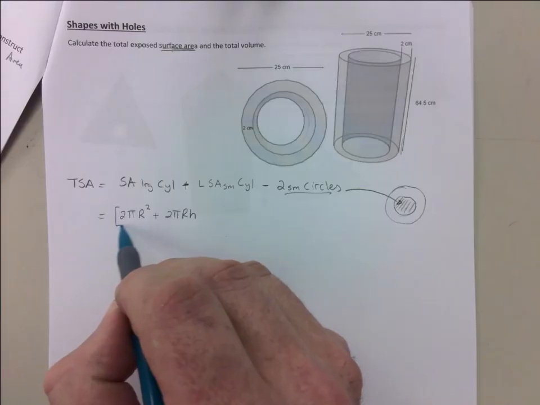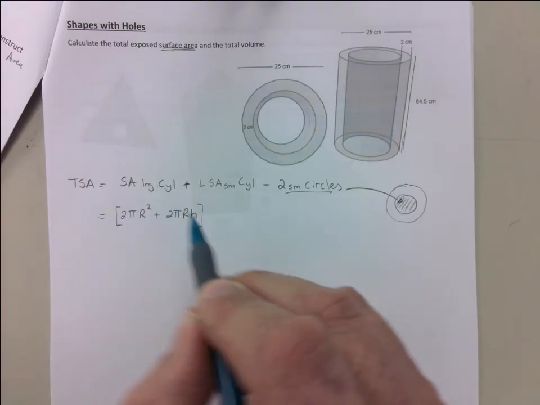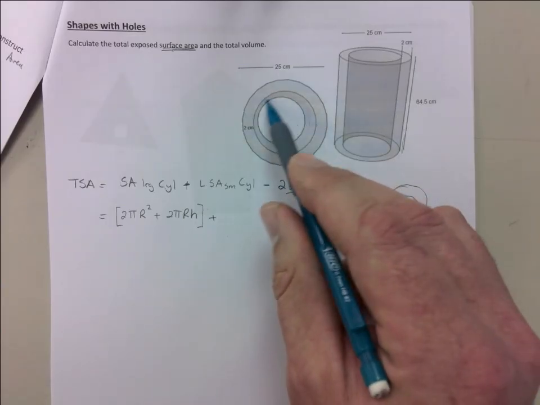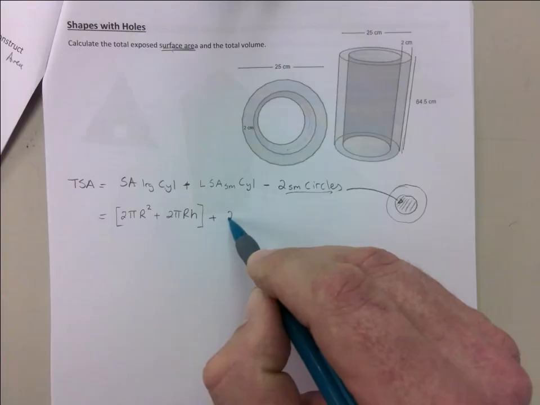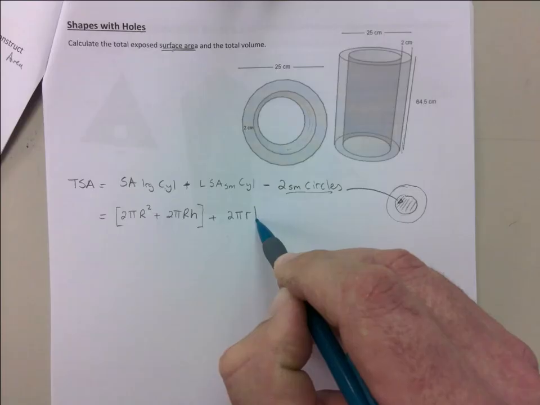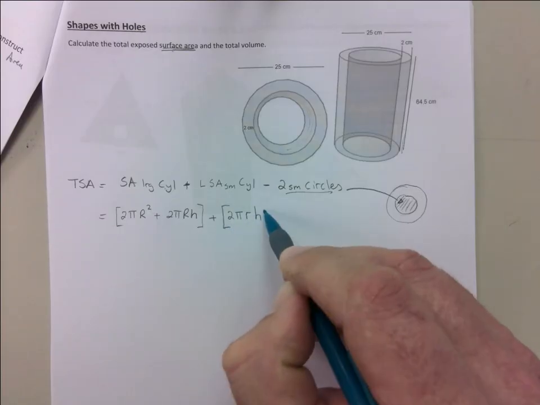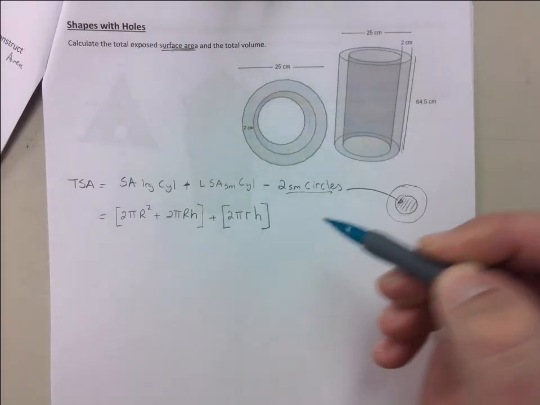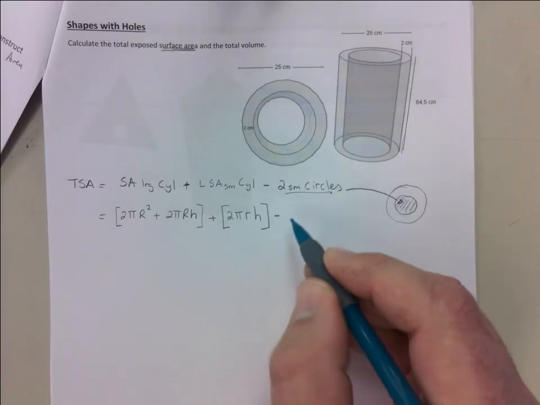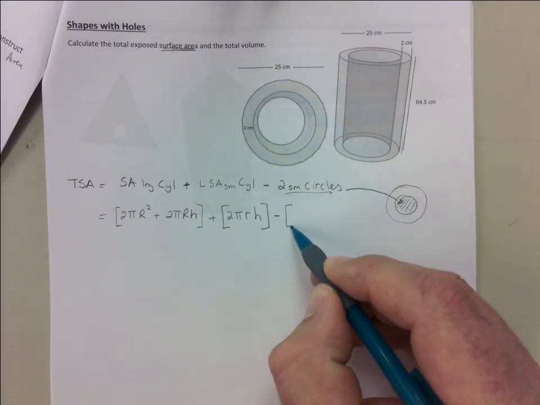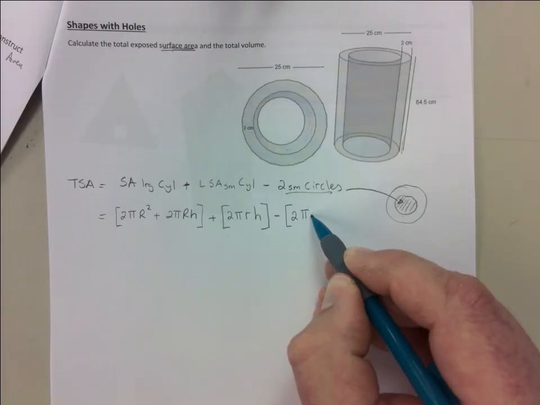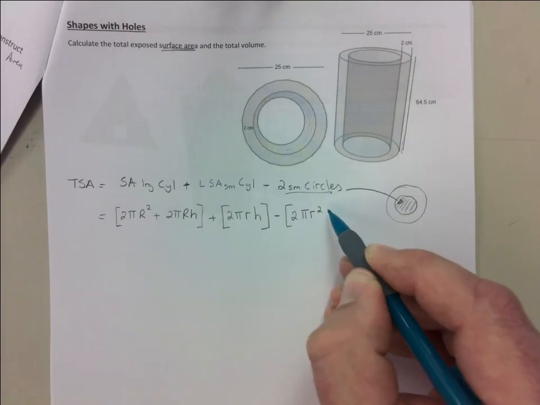This is the first part, plus I just want the lateral surface area of the inside. So that is 2 pi lowercase r h. Minus 2 small circles, so that would be 2 times pi r squared.